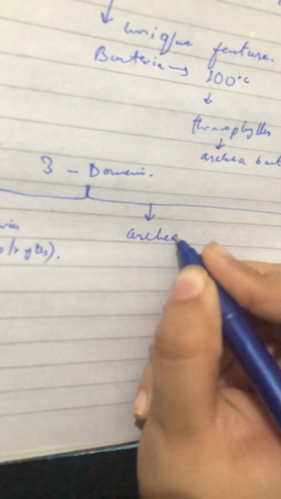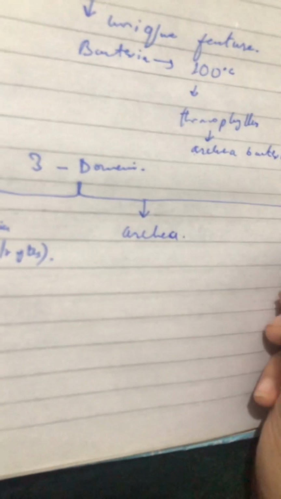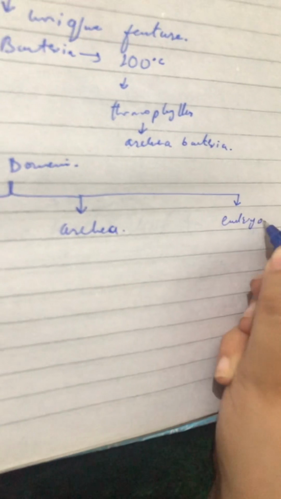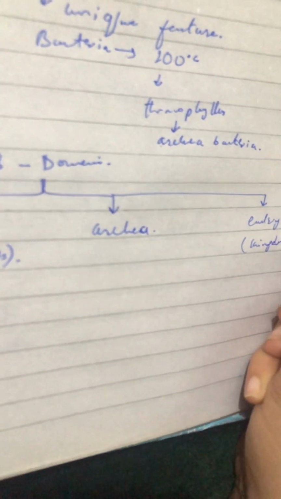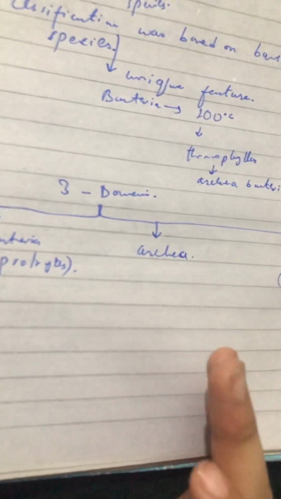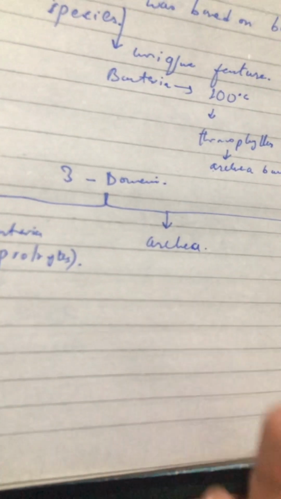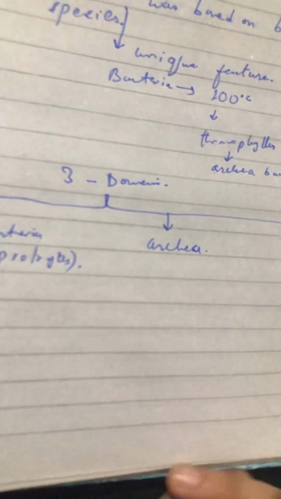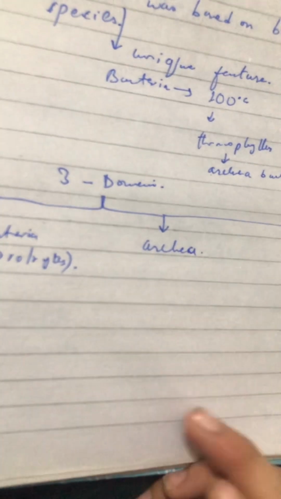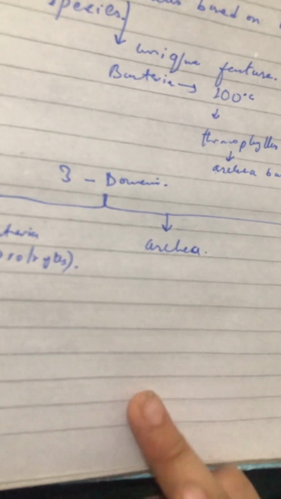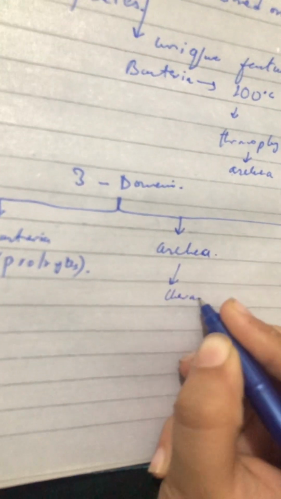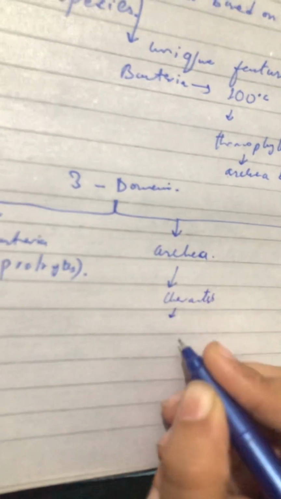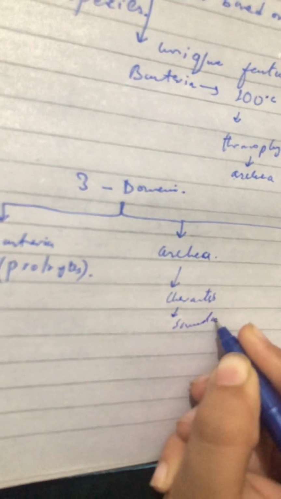And number three, the eukaryotes. If we talk about archaea, the characters of archaea were similar to the eukaryotes.